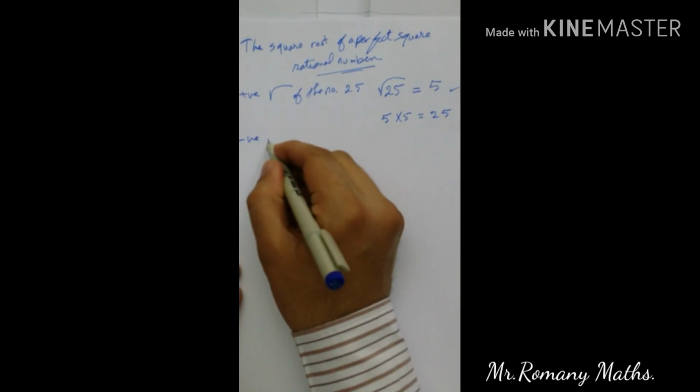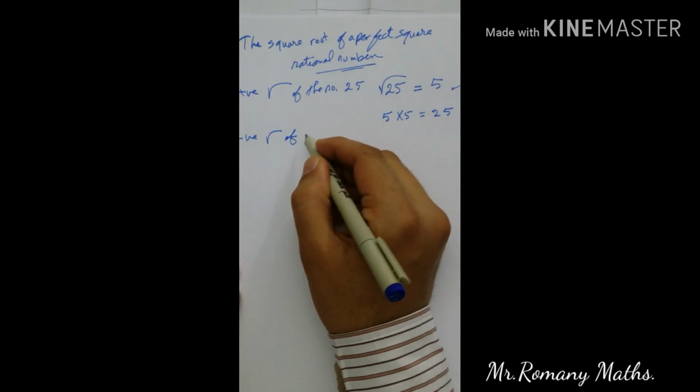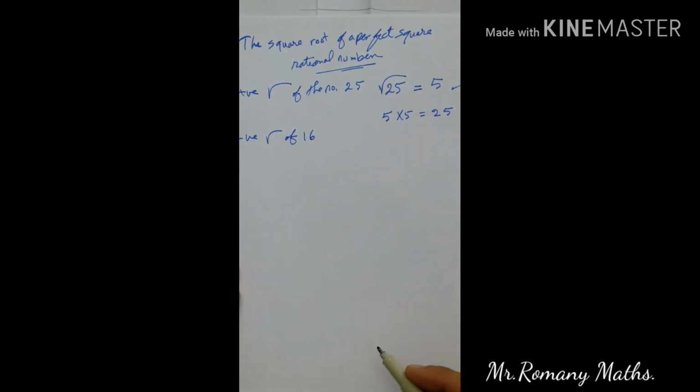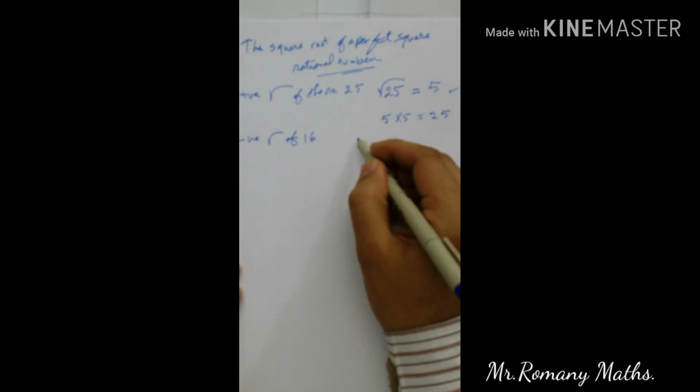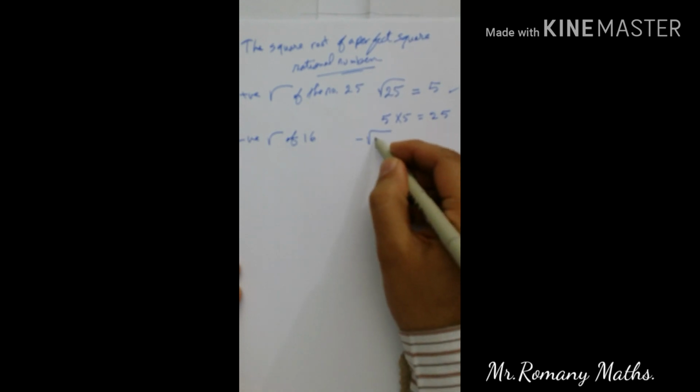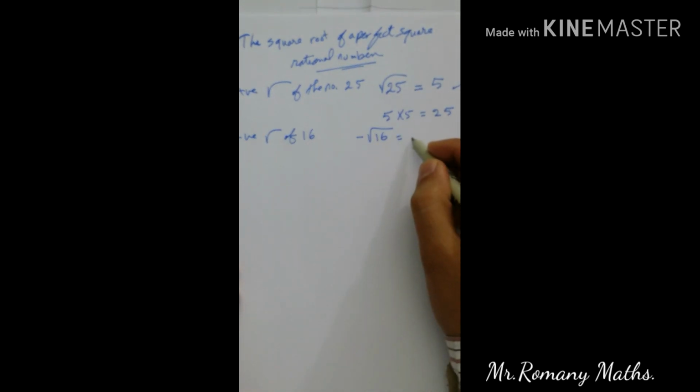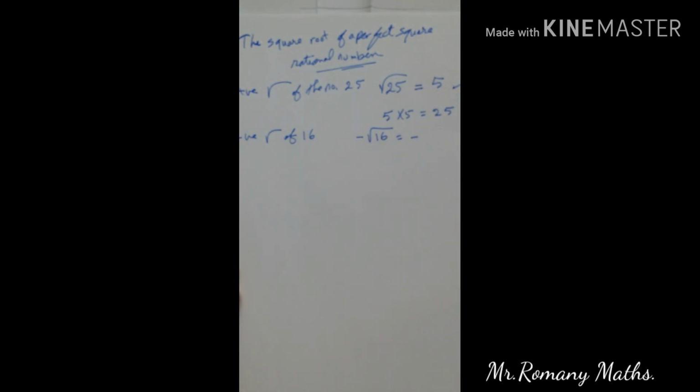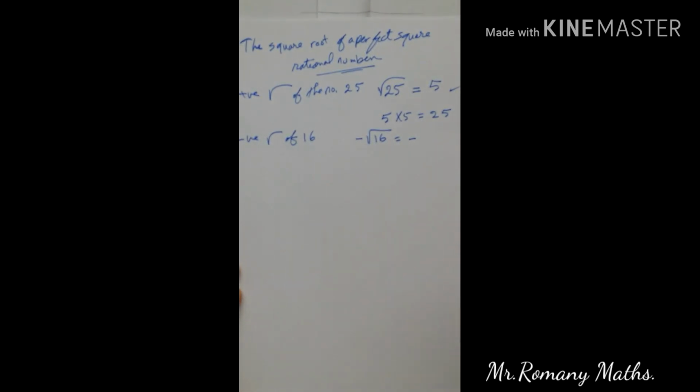The negative square root of the number 16. Negative square root of 16 equals negative, what is a number which if multiplied by itself you get 16? Yes, excellent, it's 4.